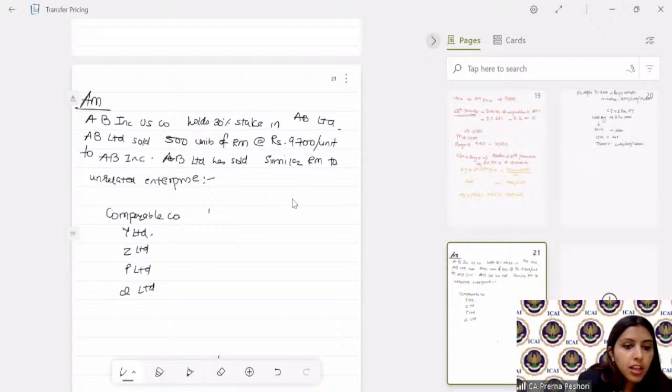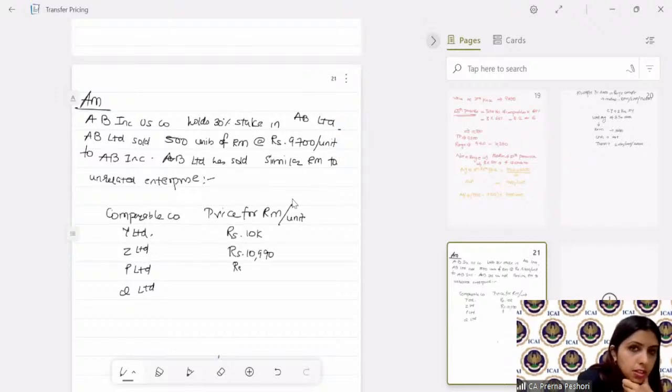And we have the price for raw material, say for example, 10,000. These are per unit prices again: 10,990, rupees 9,900, and rupees 10,330.